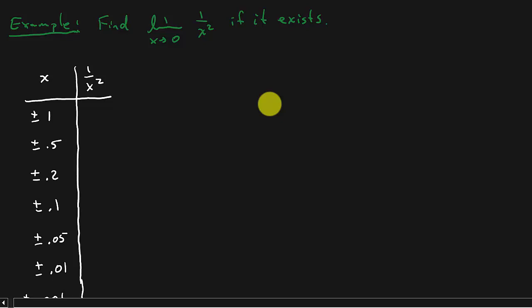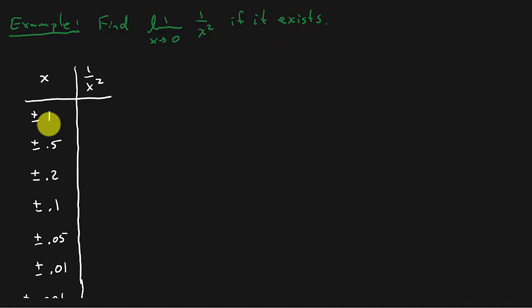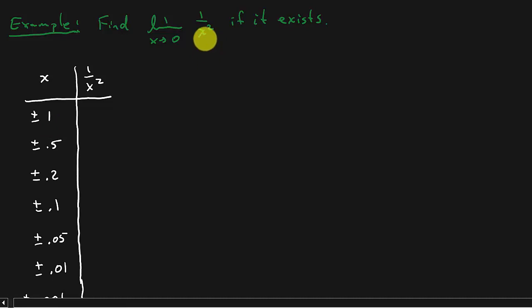All right, so how about this one? Find the limit of 1 over x squared if it exists. Okay? All right, so we could go through and plug these numbers in. Once again, I'm coming in from the left and the right. If I plug in the positive or the negative, it doesn't matter.